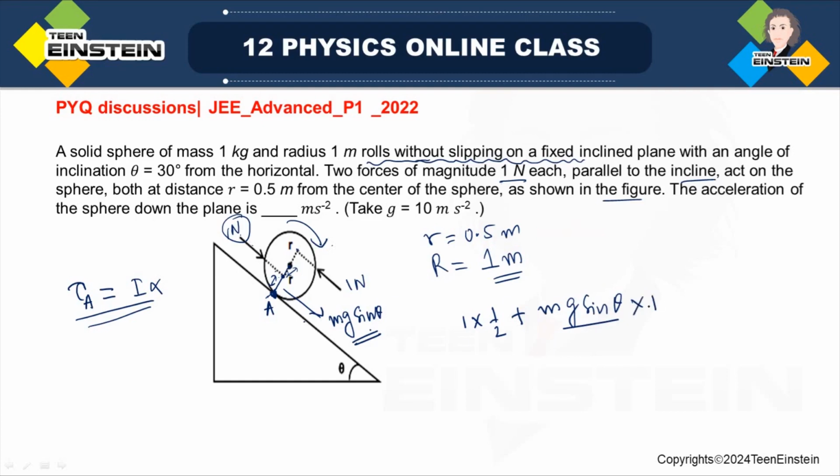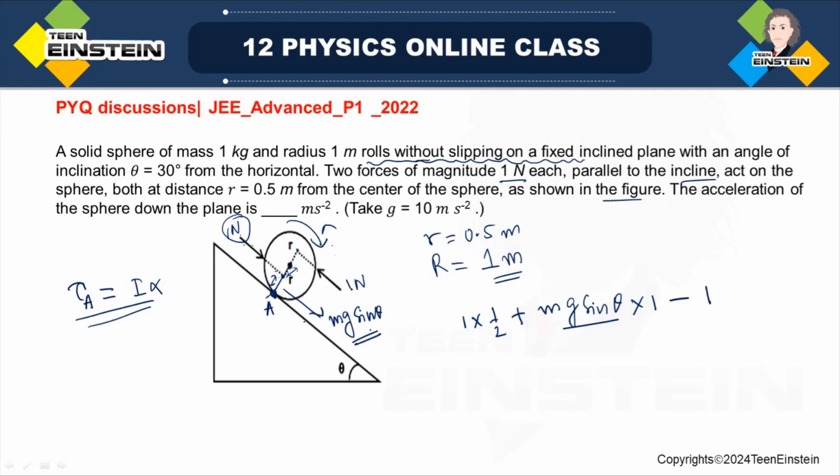So this is 1 meter. Look, this force is actually acting in the opposite direction to this force as well as mg sine theta. So this torque will actually produce anti-clockwise, or it will tend to rotate the sphere in the opposite direction compared to the other forces. So therefore I am taking the torque provided by this force to be negative.